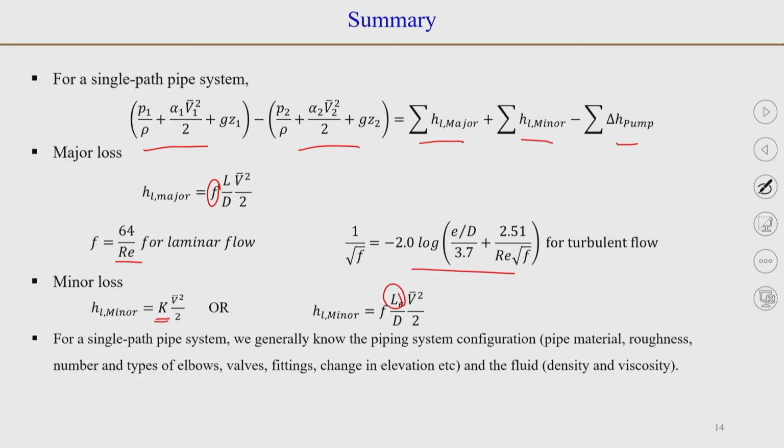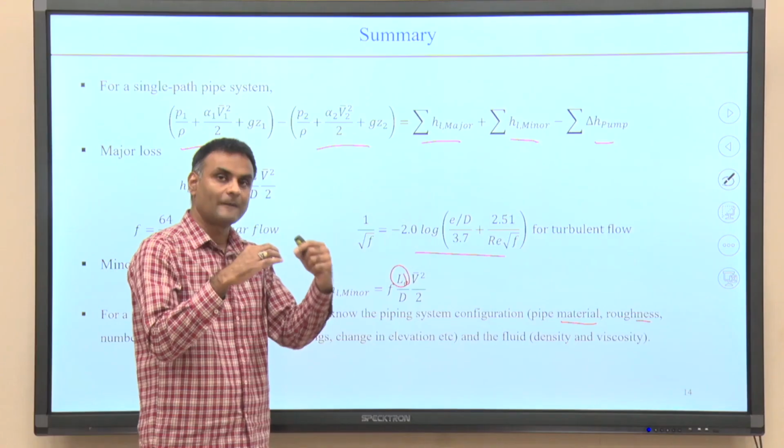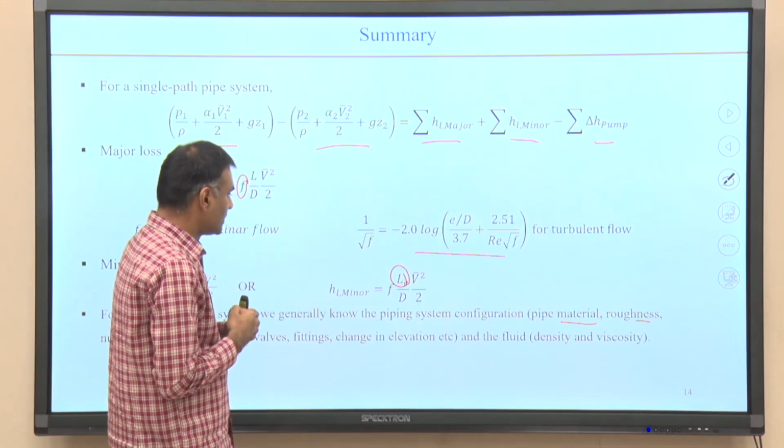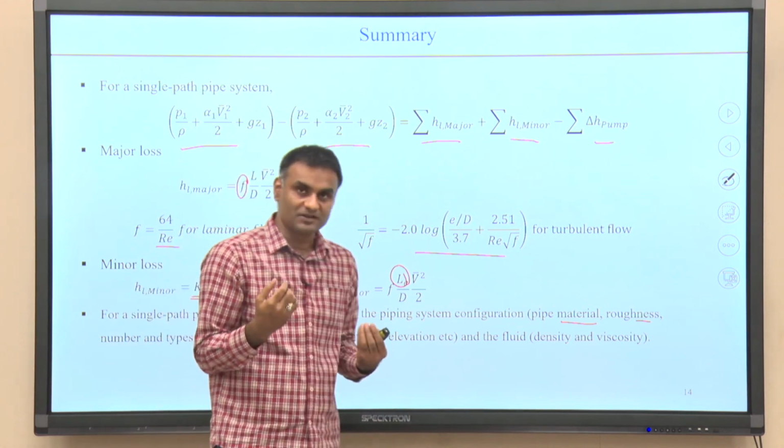So, we can combine all this, and for a piping system, we will know what the pipe material is, what the roughness of the pipe is, how many elbows, how many valves, fittings, etc. we have, and what the elevation is. So, Z1, Z2 at different places, and the fluid properties.